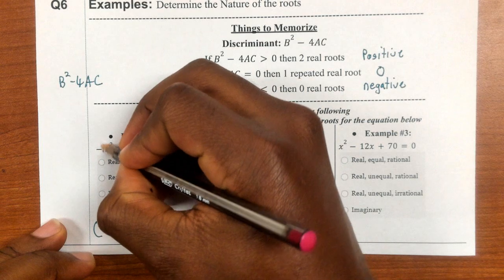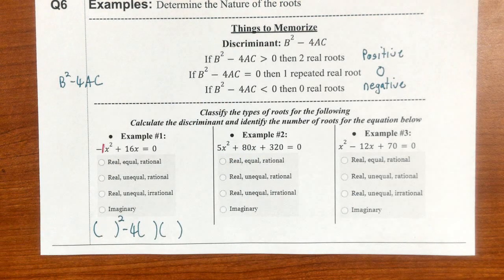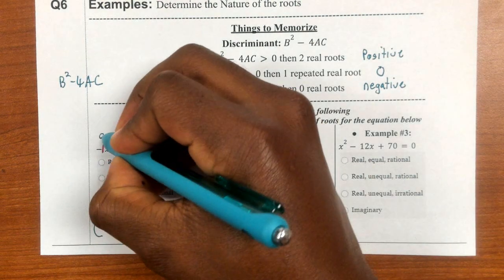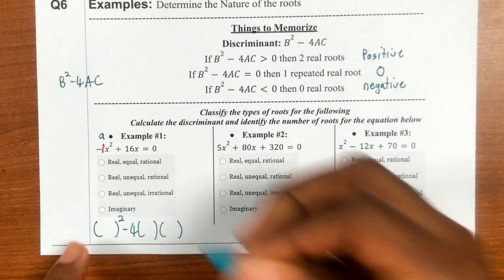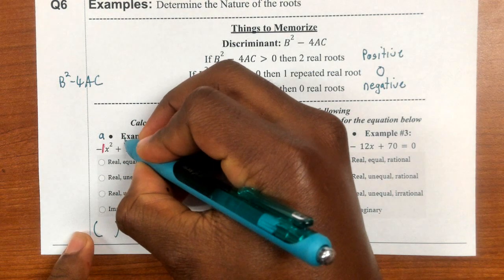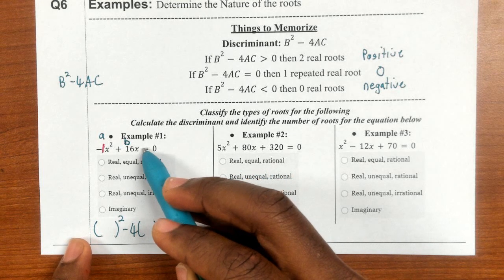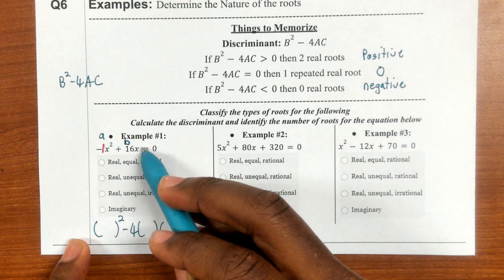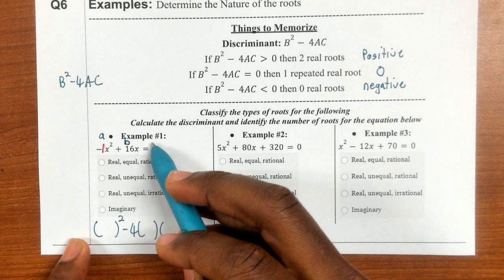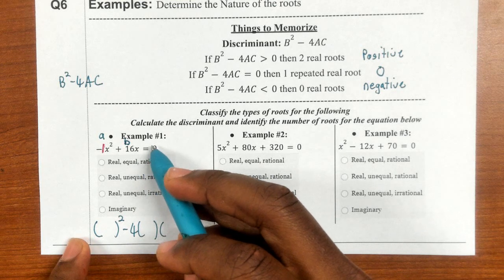In front of your x squared is technically a negative 1, and that's your A. The 16 is your B. And in this case, we have no C value. But if you have none of something, that means you have 0 of it.